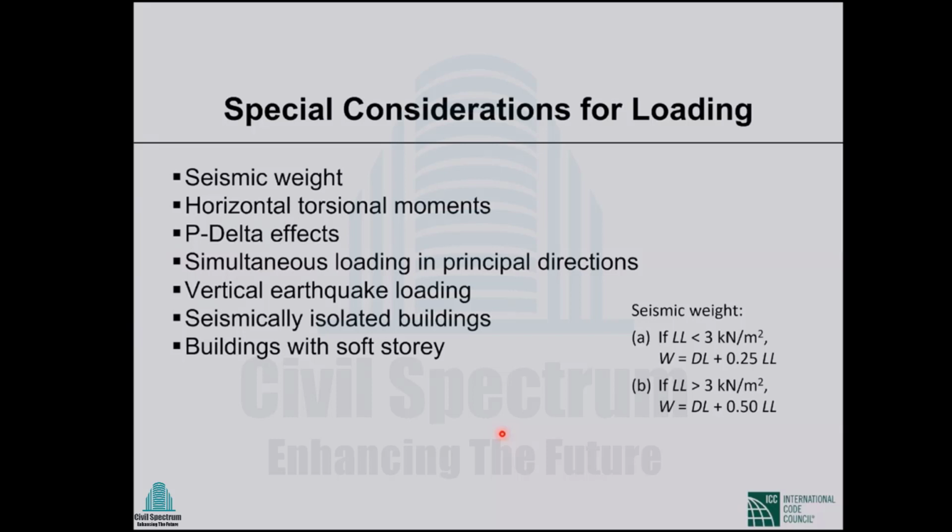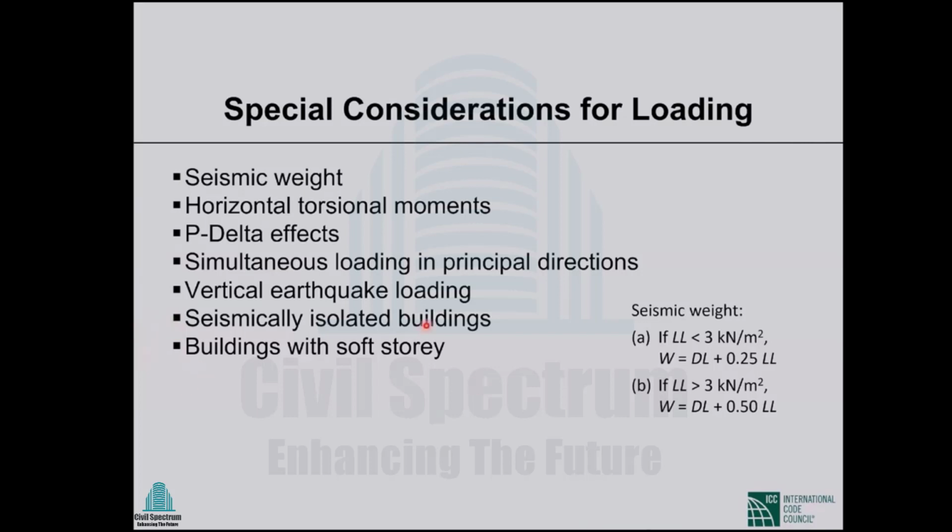Because of ground vibration, the bearing takes the energy, and the superstructure, the building, vibrates very little. That kind of system is called base isolation. If a building has that kind of system, the special requirements for those buildings are mentioned in this clause, in this section of chapter 2 of part 6.